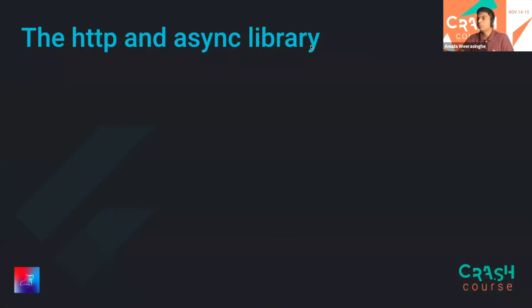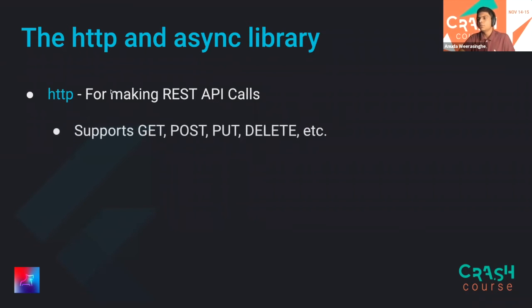When we actually implement API integration in Flutter apps, there are two libraries that you need to specifically know about. The first is the HTTP library, which is for making REST API calls. It supports get, post, put, delete, and all of the other functionalities you would expect to integrate with a REST API.